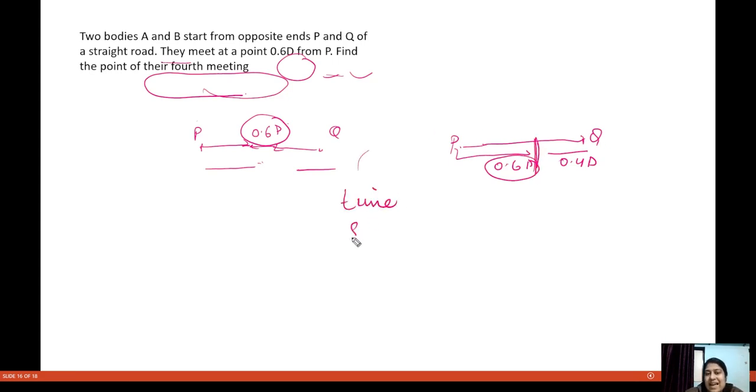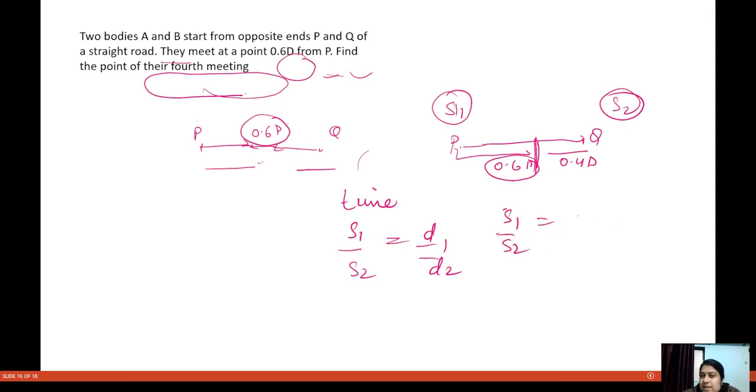Time is constant. When time is constant, the ratio of their speeds S1 by S2 is equal to d1 by d2. Whoever is starting from P we take S1, and whoever is starting from Q we take S2. So the ratio of their speeds is 0.6 divided by 0.4, that is 3 by 2. Now you got the ratio of their speeds.